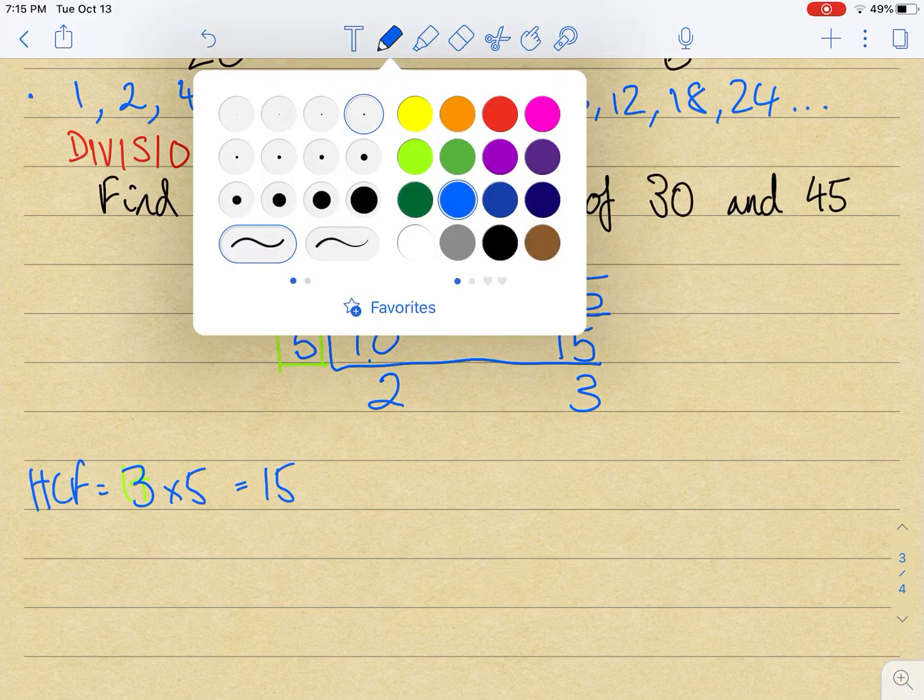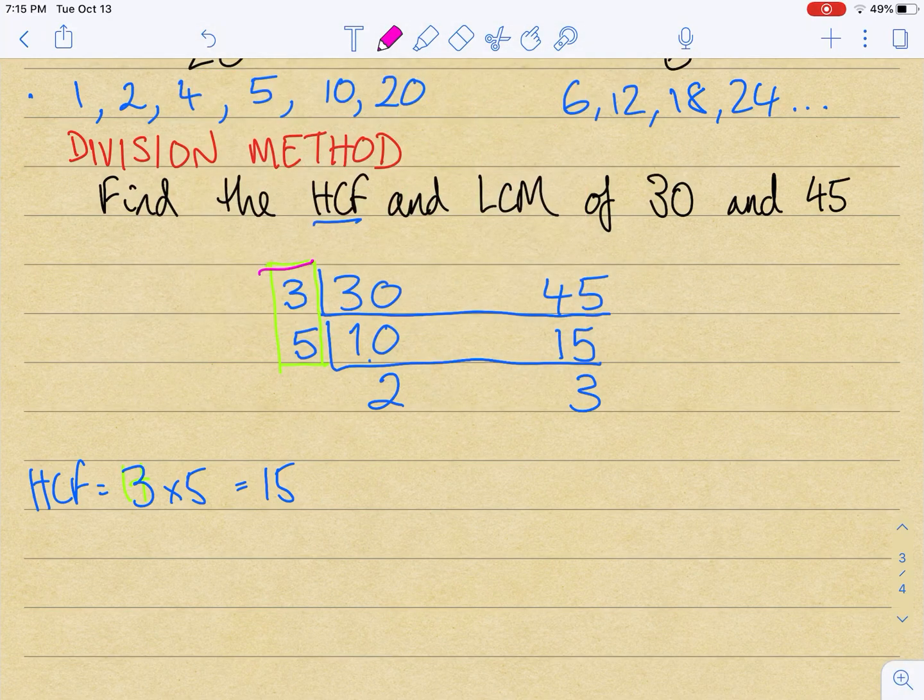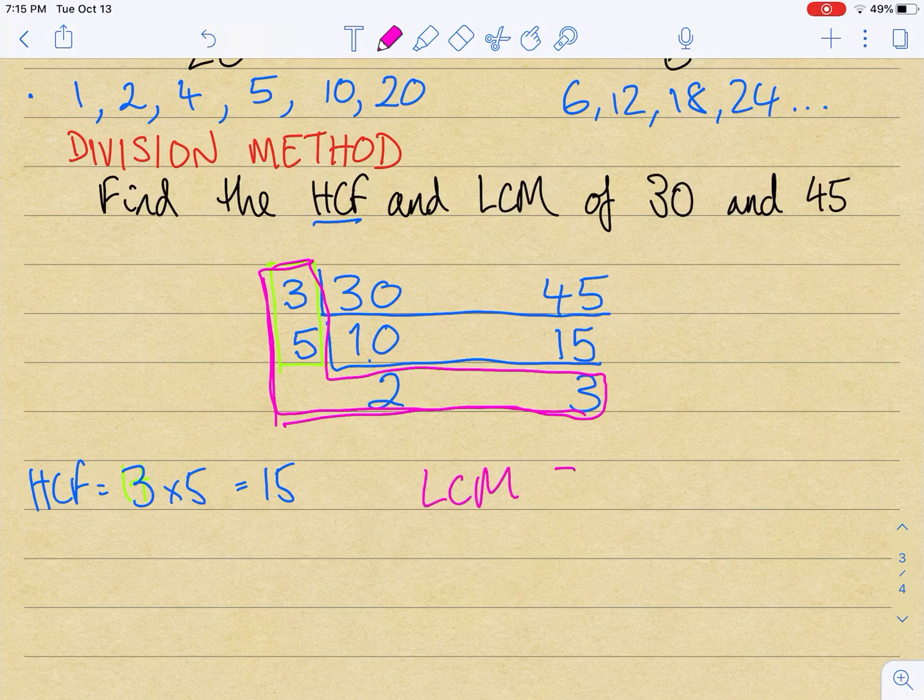If I want to find the lowest common multiple, I kind of make an L shape with all the numbers around the outside. So you see that L? We're going to do 3 times 5, which is 15, times 2, which is 30, times 3, which is 90.